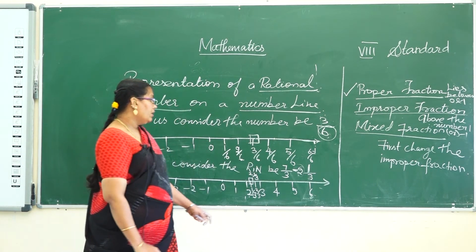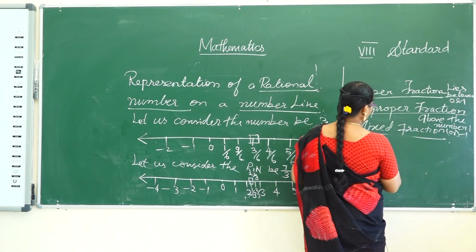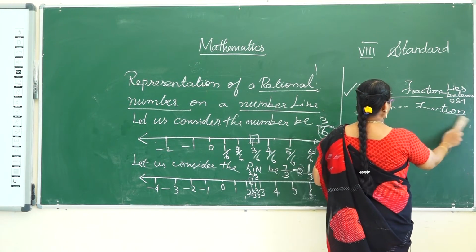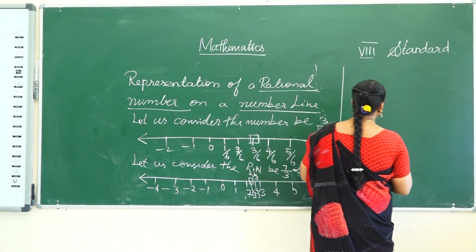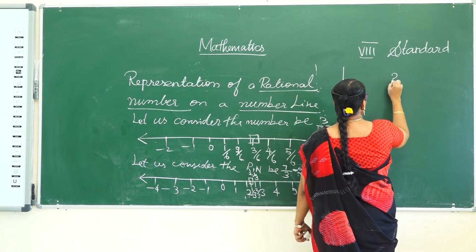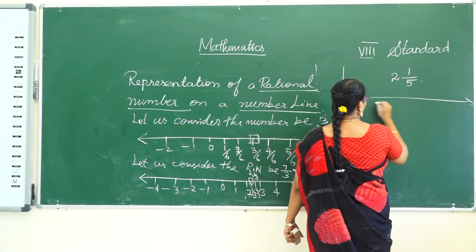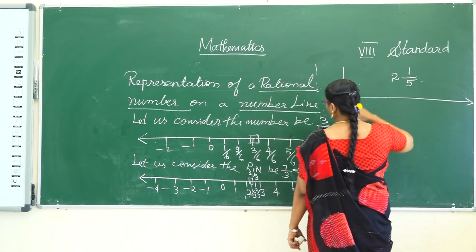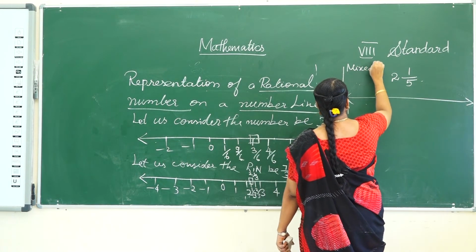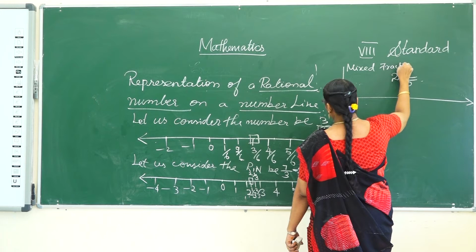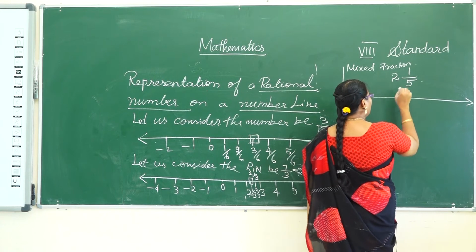In case a mixed fraction is given, you will directly write it. Mixed fraction 2 and 1 by 5 is given. What do we do? It is directly given. How do you plot it on a number line?